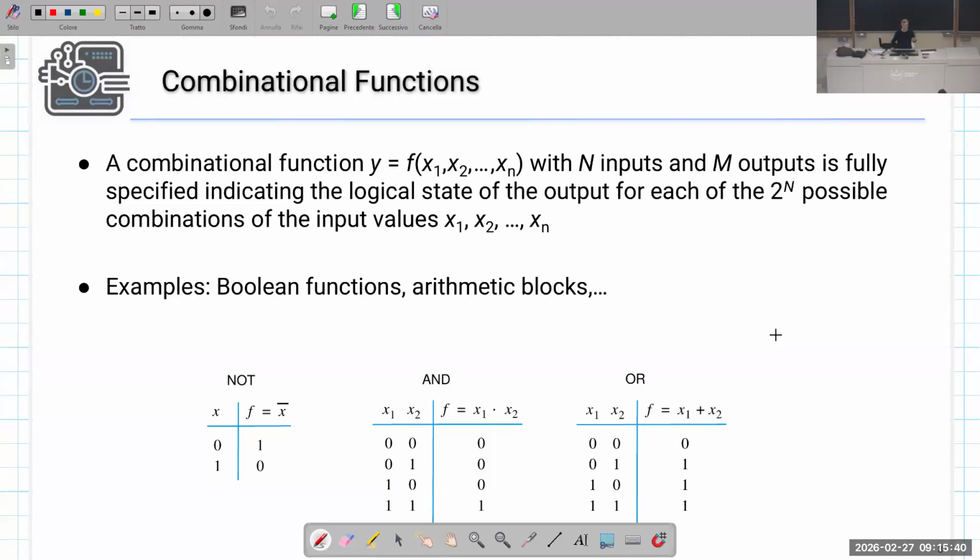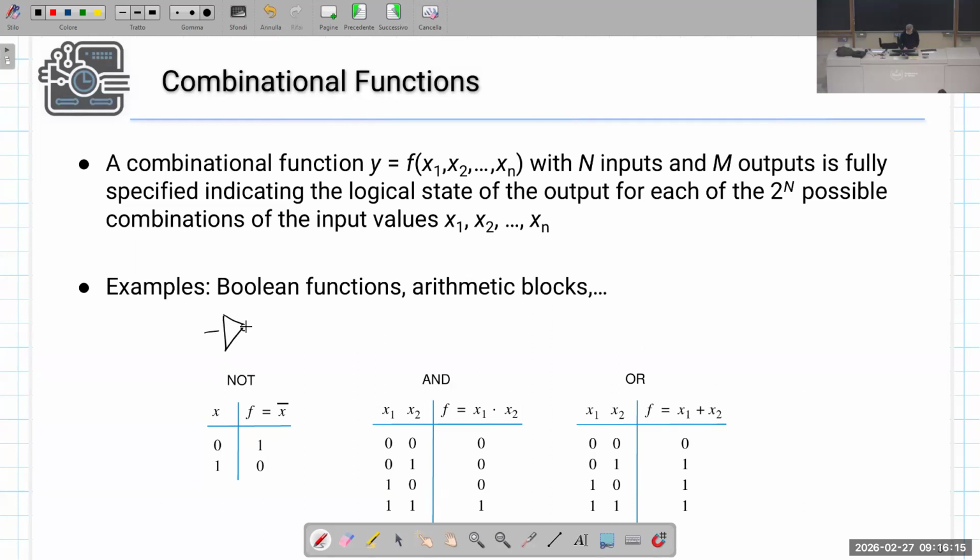So if we have a combinational system with many inputs, we can fully specify its behavior if we provide the value of each output for each specific combination of the values of the inputs. In other words, if we have a combinational function with just one input, we have just two possible values of the output, 0 and 1, and we can specify the output.